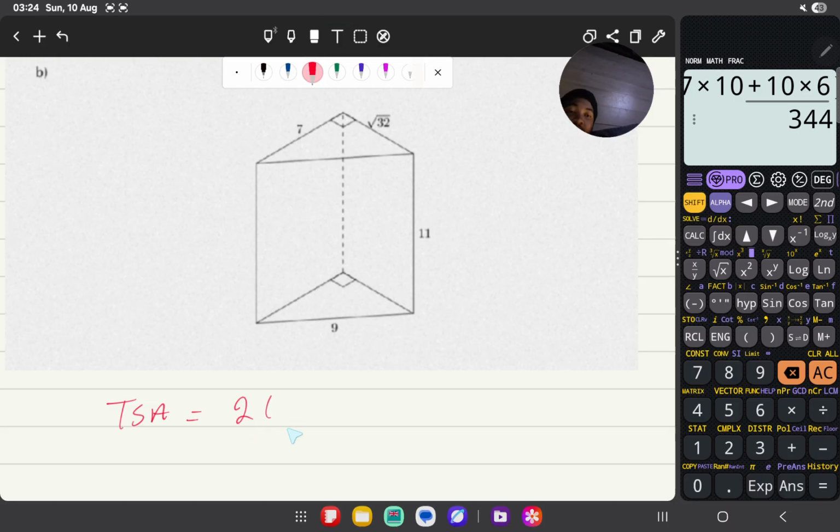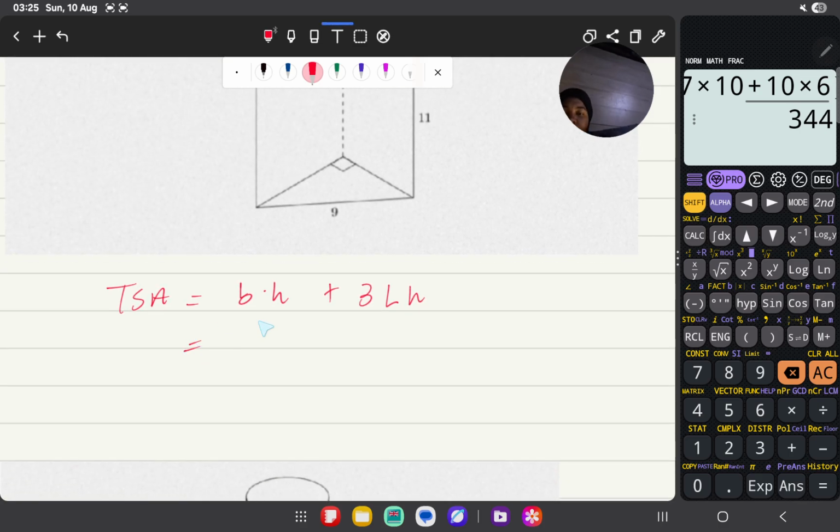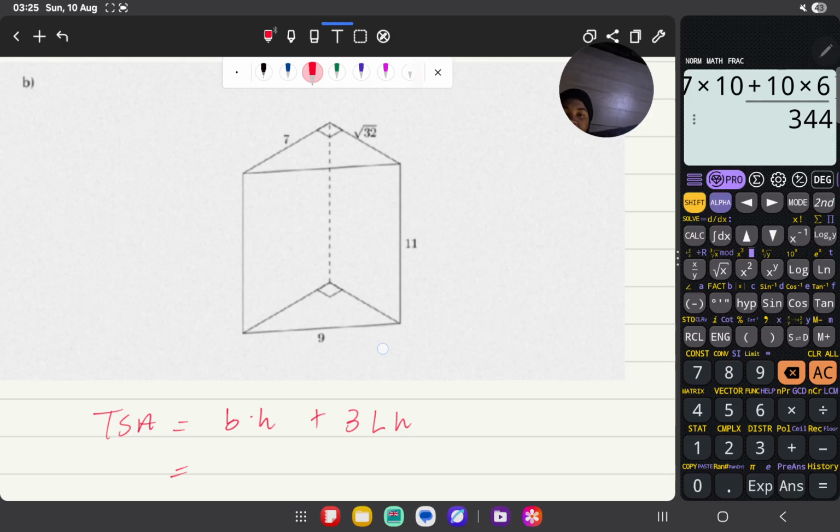So the 2 and the half cancel out, so we have half base times perpendicular height, plus there's 3 rectangles now.